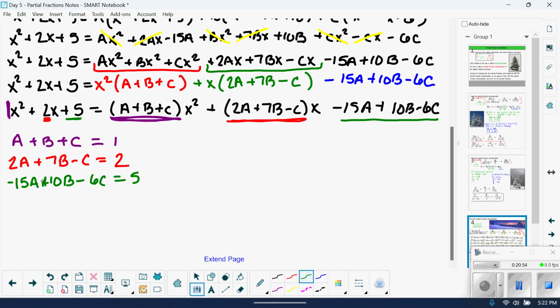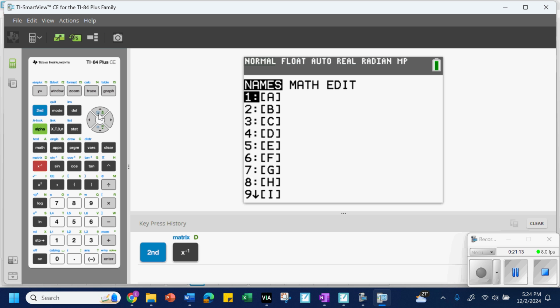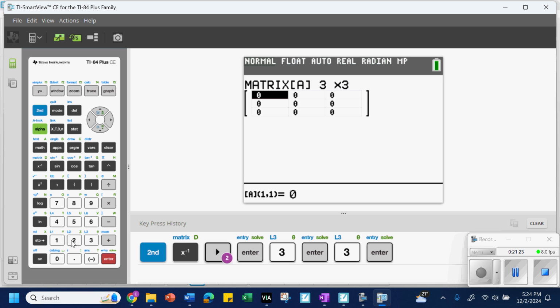And this is a system of 3 variables. And we're going to use our calculators to take care of these. So grab your graphing calculators. Let's enter these as matrices, and we'll enter them real quick here and solve. Okay, going to our matrix, we're going to hit second inverse. We're going over to edit, and we'll just enter them in A and B. So we've got a 3 by 3 here, and we've got 1, 1, and 1.